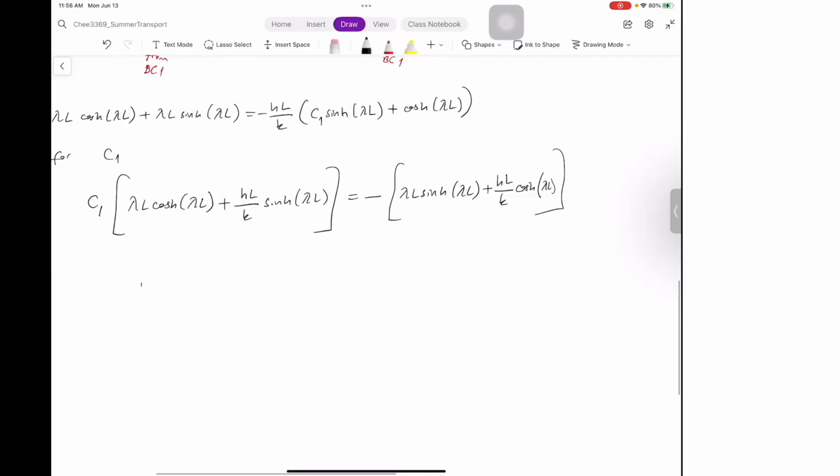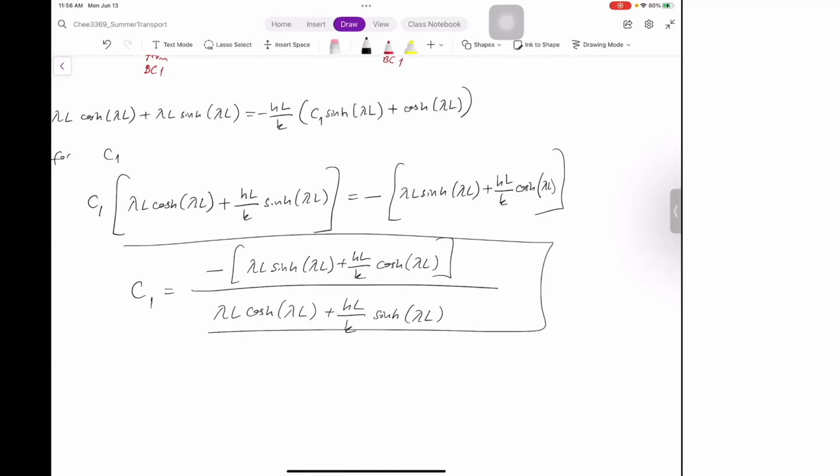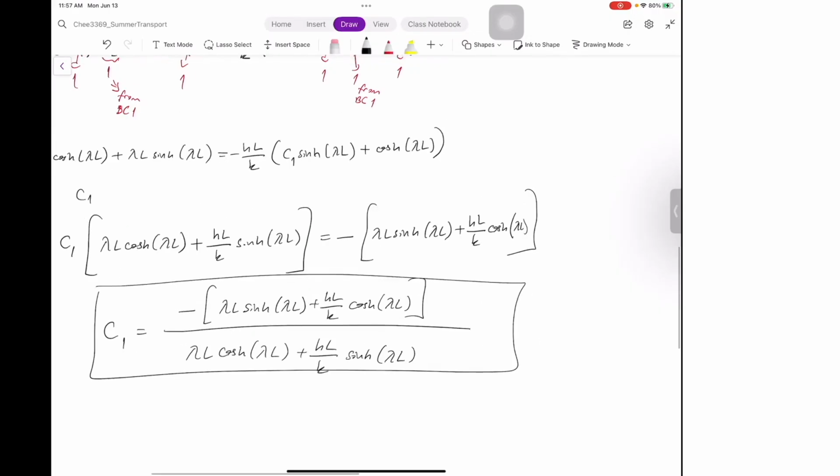So you can find C1 pretty easily here. So that's your C1. Very complicated, but solvable, right?